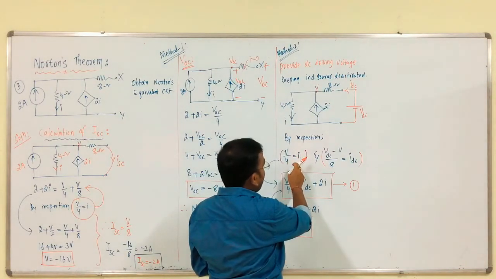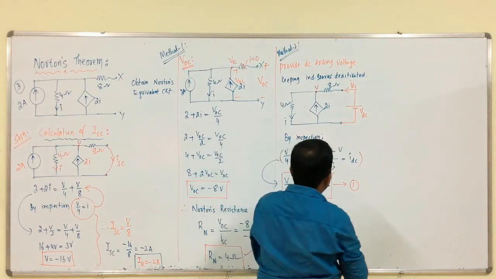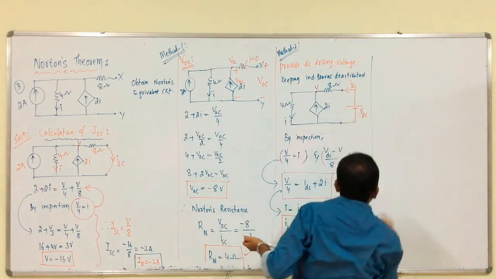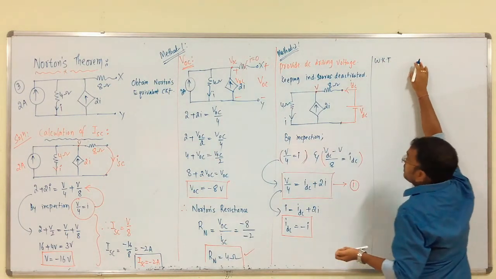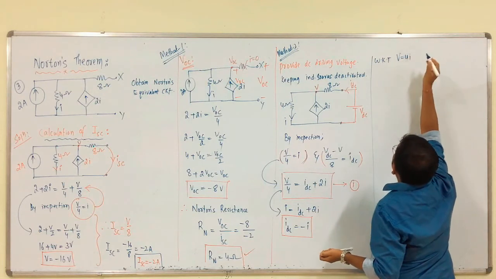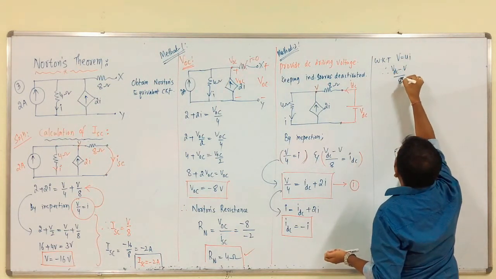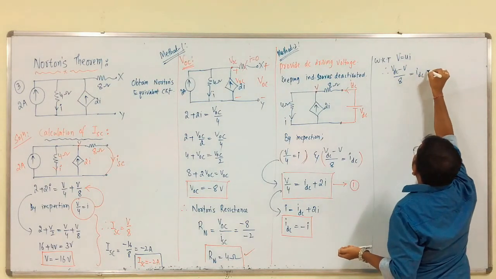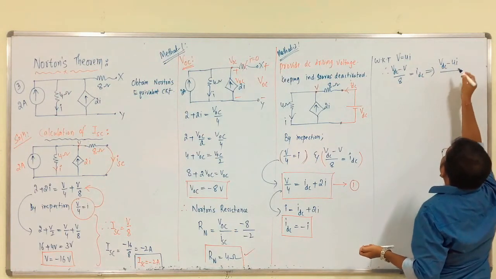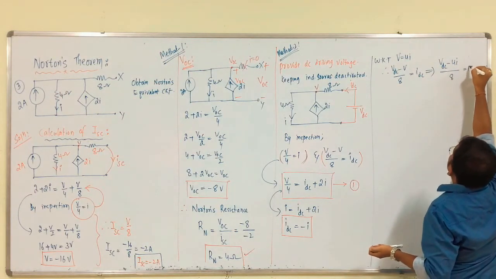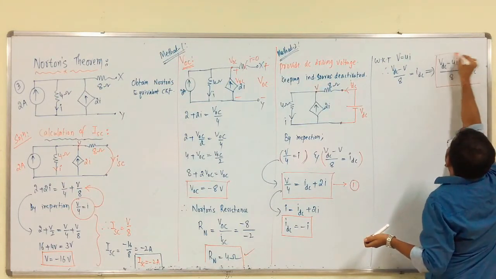From this, V equals 4I, and substituting V equals 4I, VDC minus V by 8 equals IDC, which is VDC minus 4I by 8, equals IDC.